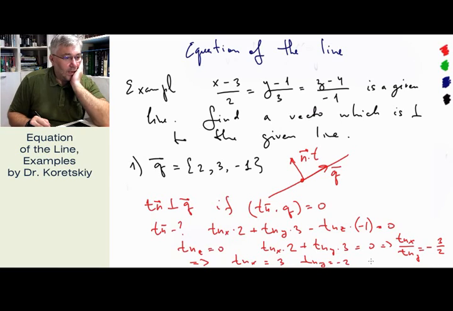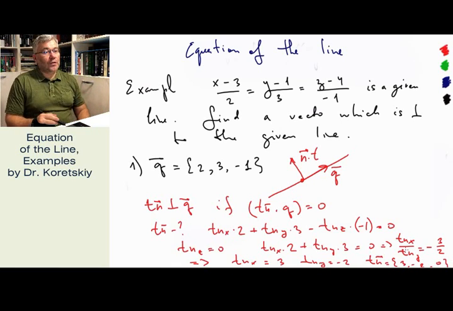It's my choice. So I can say that vector perpendicular to the vector q, I denote it like n vector, has components 3, minus 2, 0. This vector is perpendicular to the straight line vector.